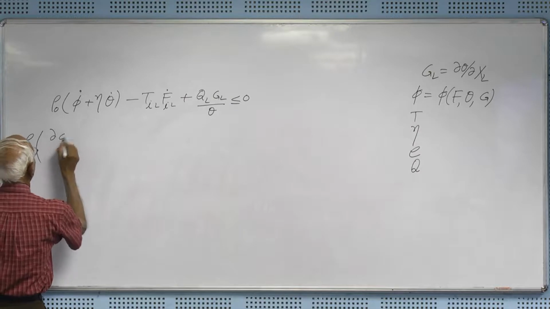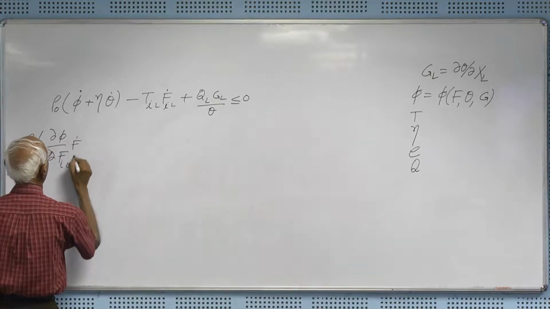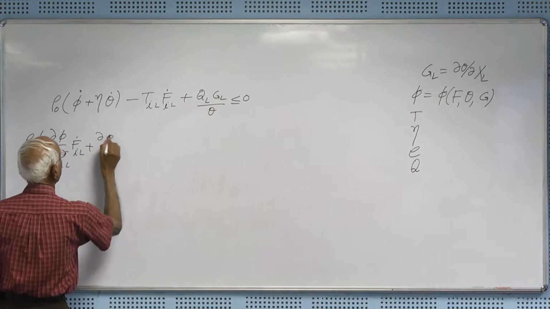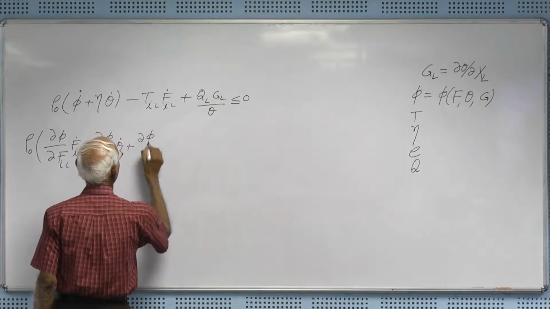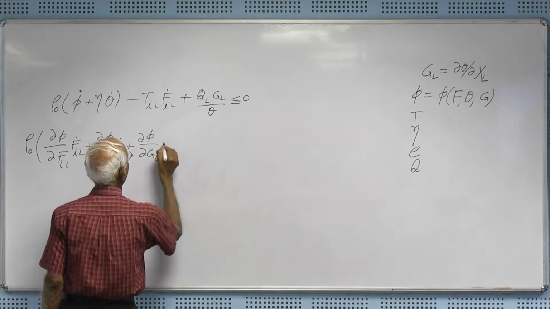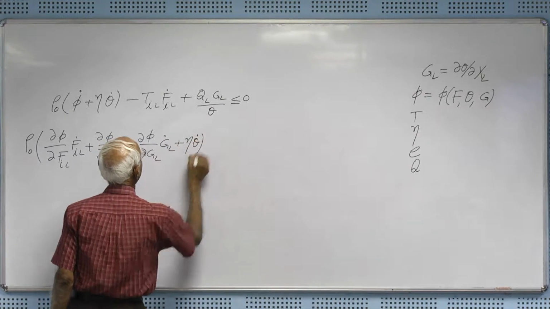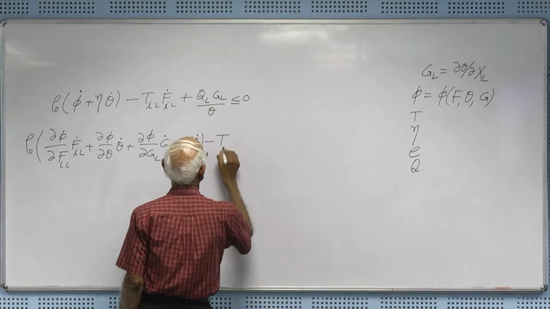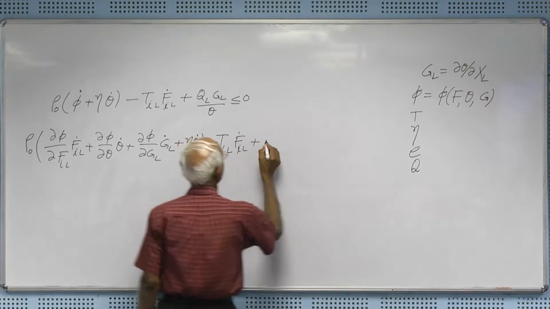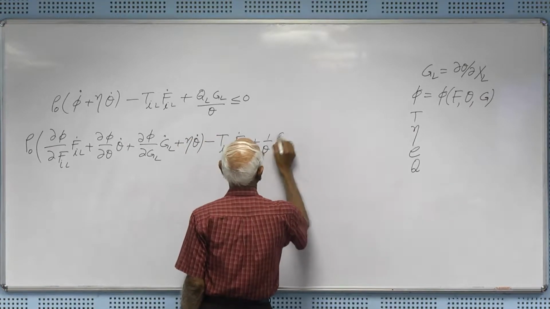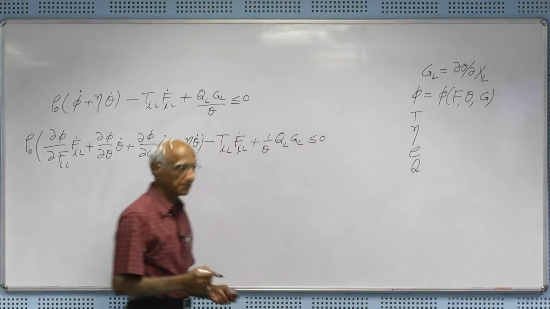So it's ∂phi/∂F_iL Ḟ_iL plus ∂phi/∂theta theta dot plus ∂phi/∂g_L ġ_L plus eta theta dot minus T_iL Ḟ_iL plus 1 over theta q_L g_L is less than or equal to 0.